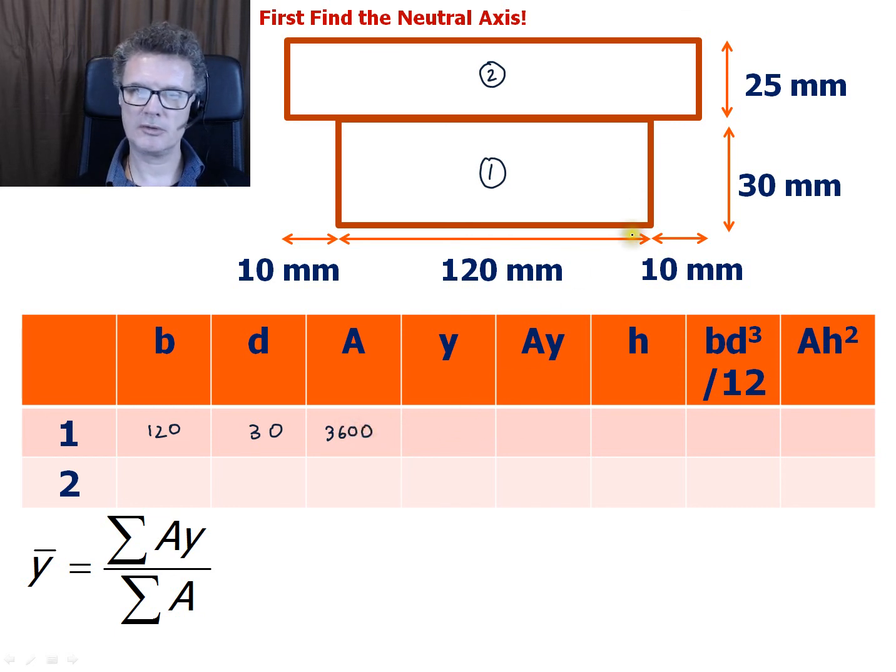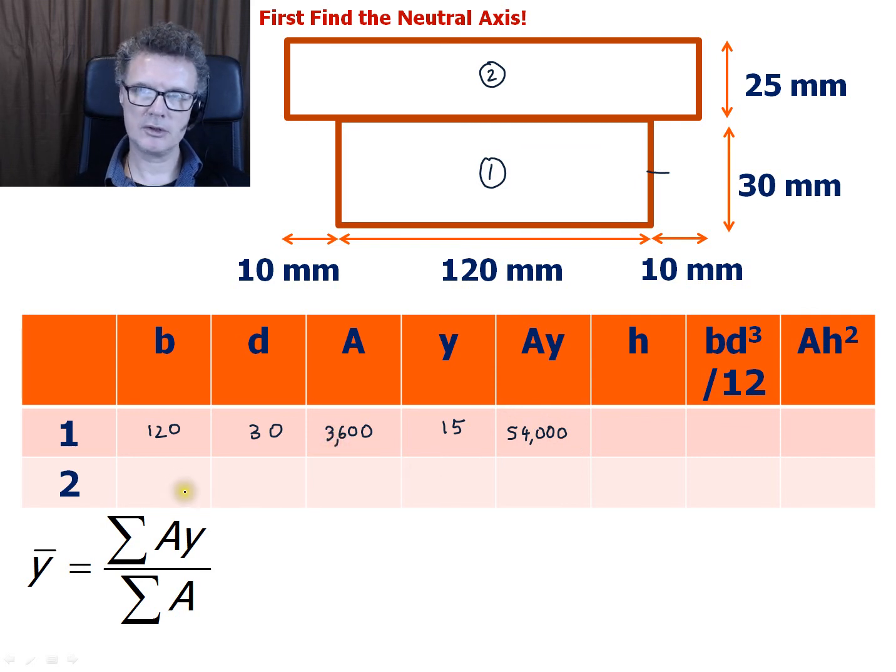Where's the centroid for the lower section? It's going to be here, so it's going to be at 15. What's A times Y? That is 54000.